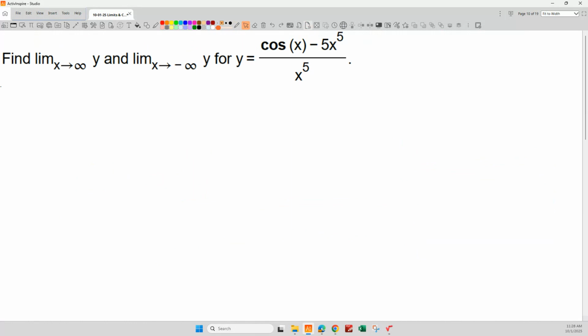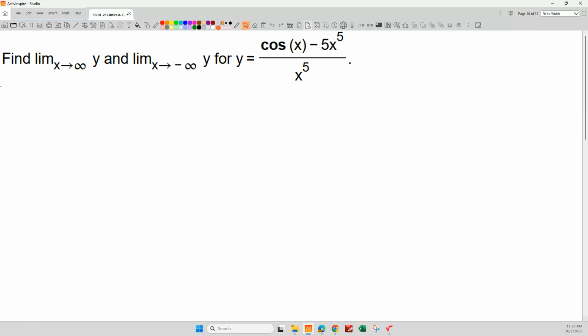Yeah, the cosine is limited. The value of cosine can only swing between -1 and 1. So it's tightly constrained, whereas x can get really big in the positive or negative direction. So the function on the top is completely dominated by that -5x to the 5th term as x gets really big.